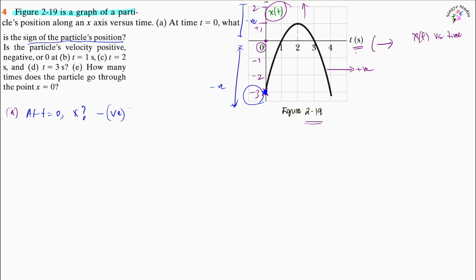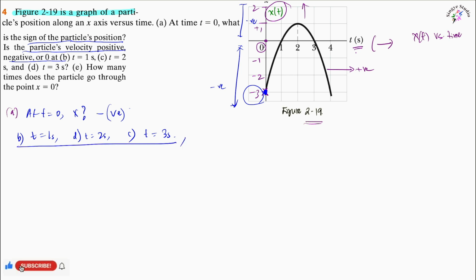Now part B says, is the particle's velocity positive, negative or 0 at t equals 1 second, t equals 2 seconds and t equals 3 seconds. So at this time we have to determine whether the particle's velocity is negative or positive or 0.